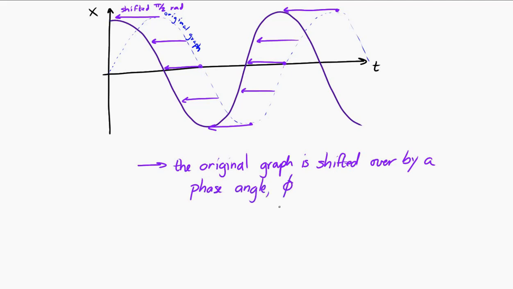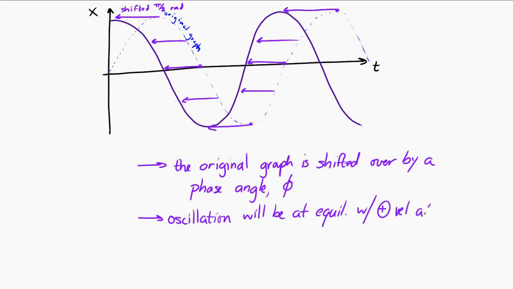The oscillation will be at equilibrium with a positive velocity at a time t equals negative phase angle over the angular velocity. All right. Now, it's a little tricky. Maybe you think that this isn't the simplest possible method, but it does work.